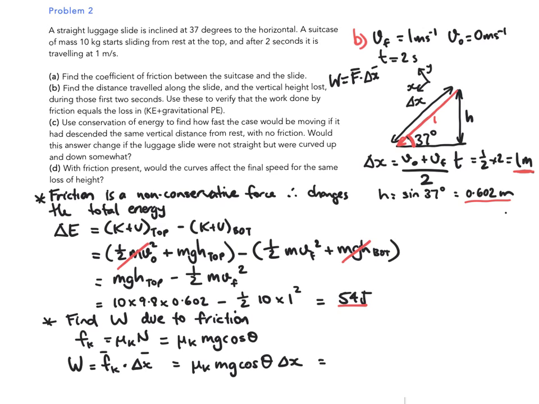Put in some values for that, and we get 0.691, which we calculated in the last question, times 10 times 9.8 times cos 37 degrees times delta x, which is 1. And we get a value of, lo and behold, 54 joules. So friction's dissipating 54 joules. We have a loss in energy in this system of 54 joules. So that's just really verifying that that's what's happened.